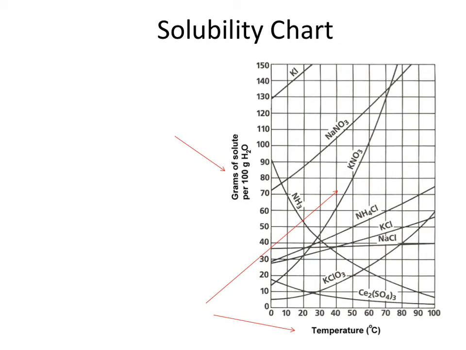So the y-axis here, the grams of solute per 100 grams of solvent, is referencing that if we have 100 grams of water, say for sodium nitrate here, at 30 degrees Celsius, we're going to be able to dissolve about 95 grams of it in 100 grams of water.